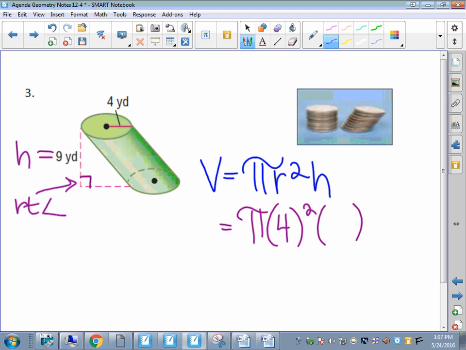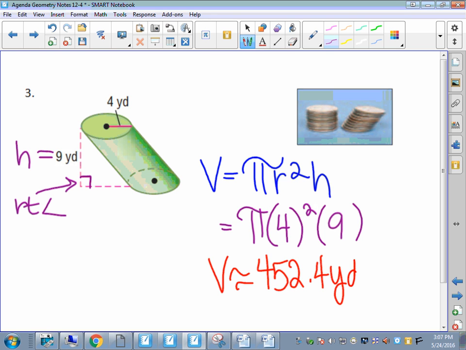So that would be a 9 for the height of that stack of quarters, the distance from the lowest to the highest point. When I do that math, I end up with a rounded number, 452.4 cubic yards.